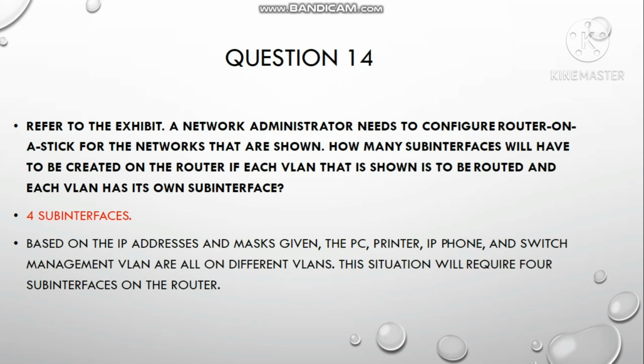How many sub-interfaces will have to be created on the router if each VLAN that is shown to be routed has its own sub-interface? 4 sub-interfaces. Based on the IP address and mask given, the PC, printer, IP phone, and switch management VLAN are all on different VLANs. This situation will require 4 sub-interfaces on the router.